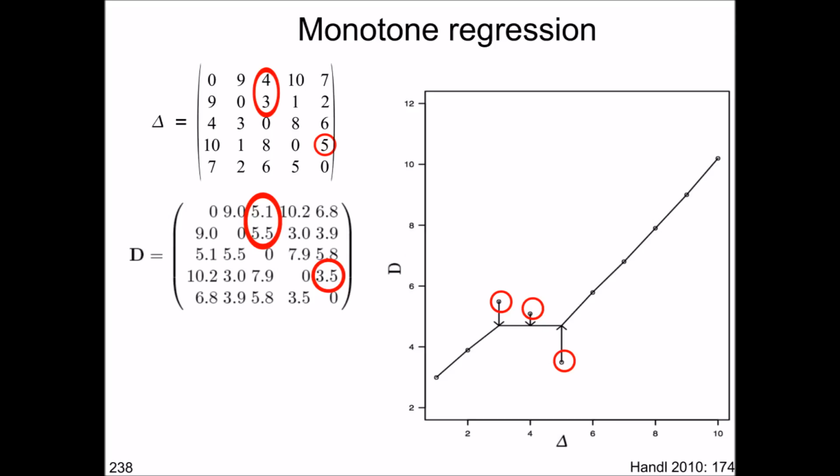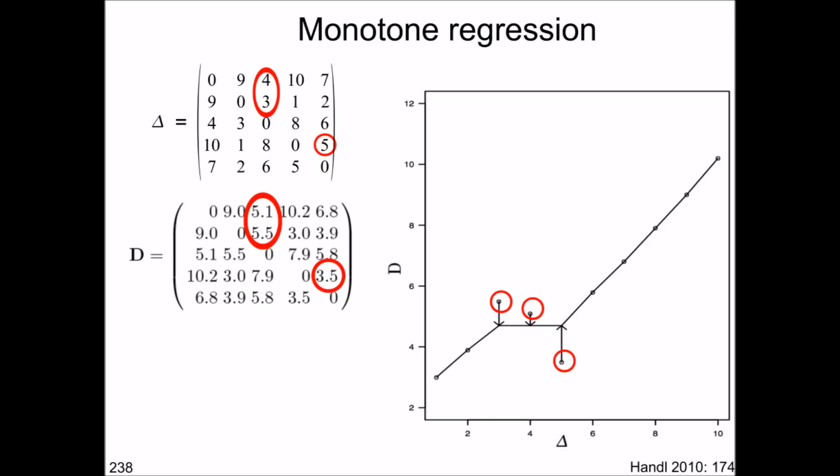The monotone regression is described on this slide. So the first matrix that we see is the original distance matrix between the objects, and below we see the distance matrix for the initial configuration. On the right hand side you would see a figure that describes what is done in the monotone regression.